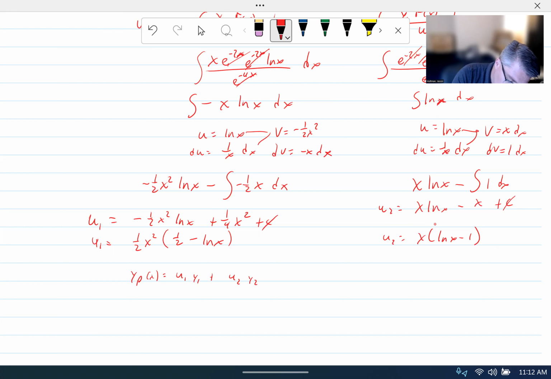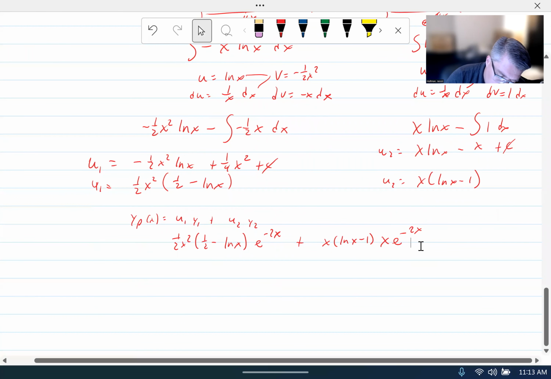So this is going to become 1/2 x squared times 1/2 minus natural log of x times y1, which was e to the negative 2x, plus u2, which is x times ln x minus 1 times y2, which is x e to the negative 2x.